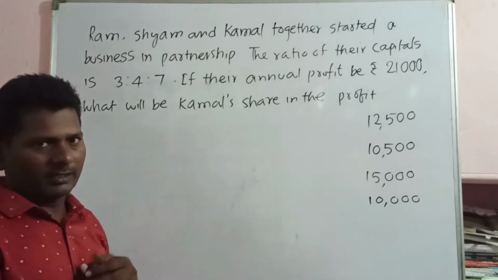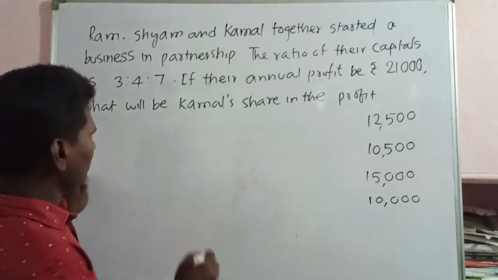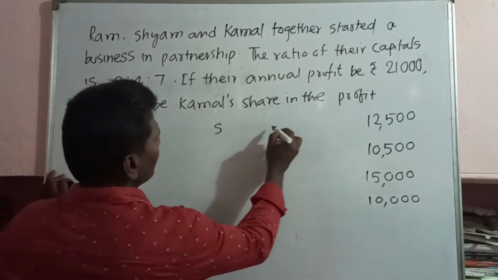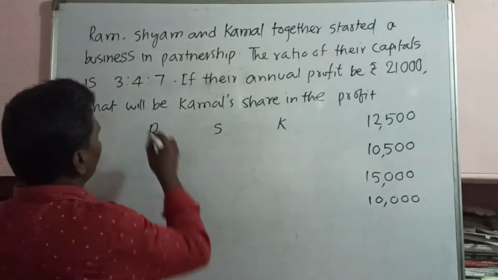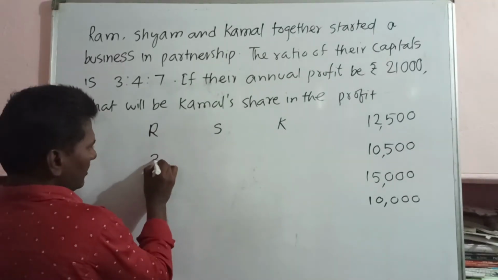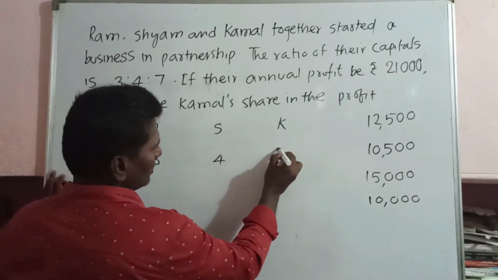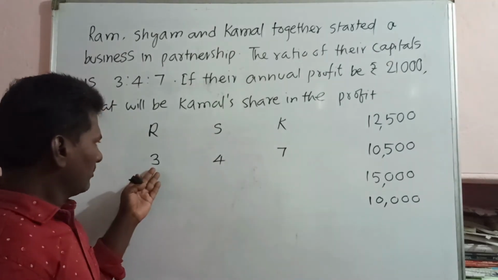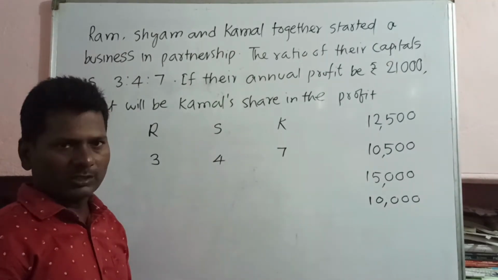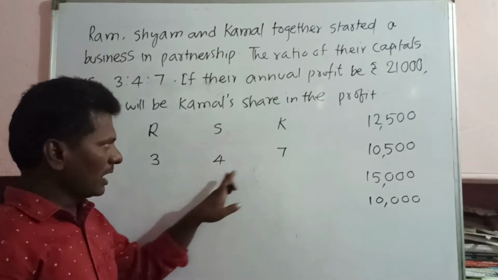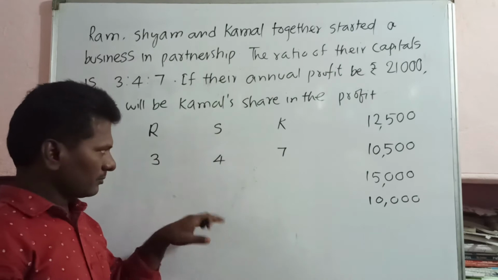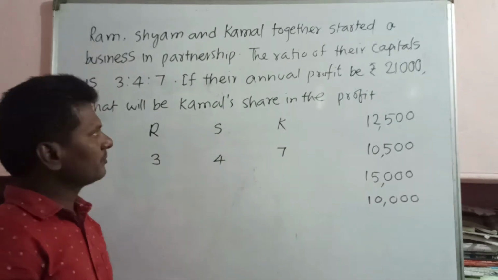We have to think like that. Now first we write Ram, Sam, Kamal. Their investments 3, 4, 7. It may be 3,000, 4,000, 7,000 or 3 lakhs, 4 lakhs, 7 lakhs. We can assume they are given in simplest form.